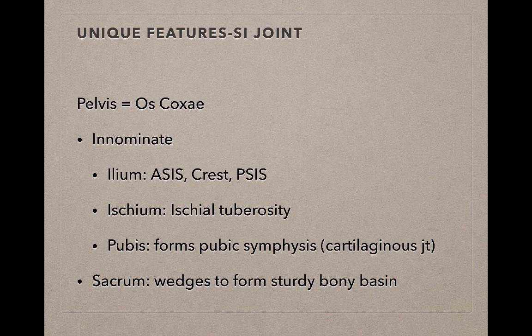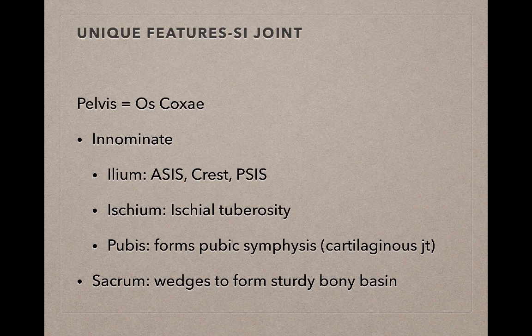pubis. Now, we're going to use these bones again when we start measuring spine range of motion. So I want to revisit a few of the landmarks. The ilium, of course, we have the ASIS, the prominent anterior landmarks. We'll be using the posterior superior iliac spines on the posterior aspect of the pelvis.